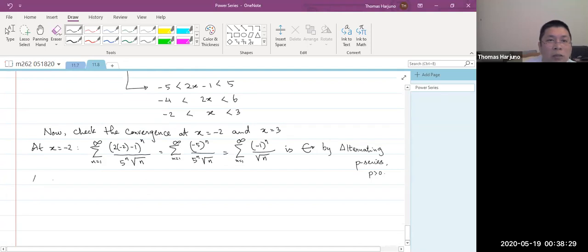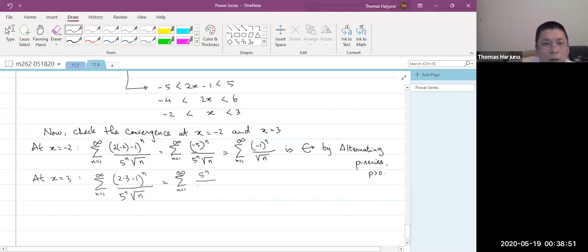At x equals 3, let's see what happens. That's 2 times 3 minus 1 to the n over 5 to the n square root of n. Simplify. That becomes 5 to the n over 5 to the n square root of n, which becomes 1 over square root of n.